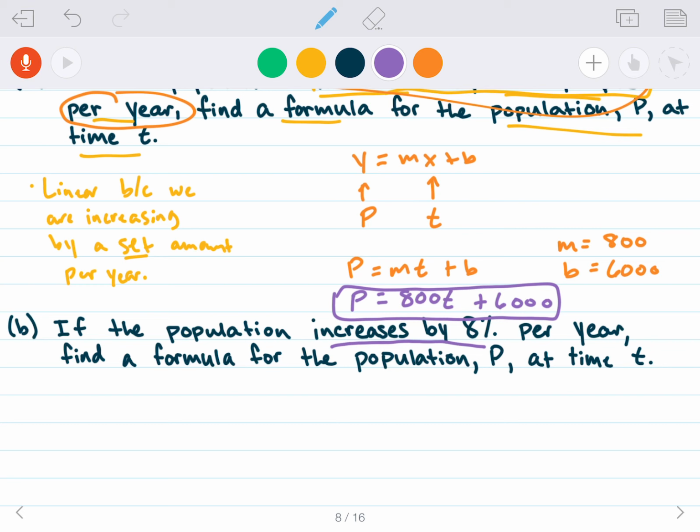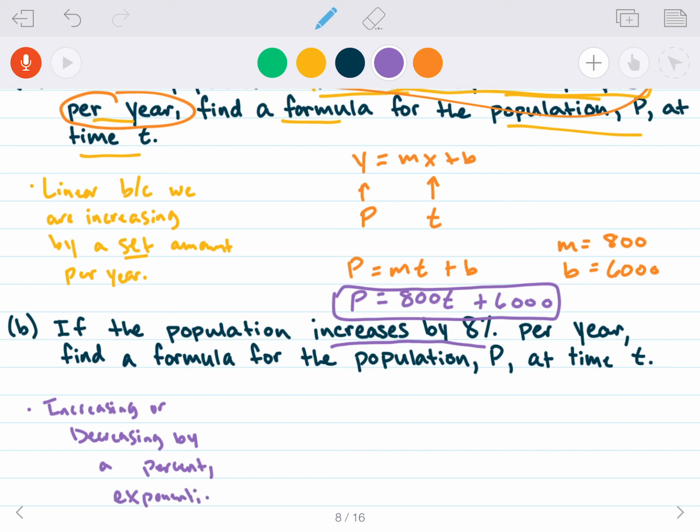So the idea is that if it's increasing or decreasing by a percent, then that is exponential.